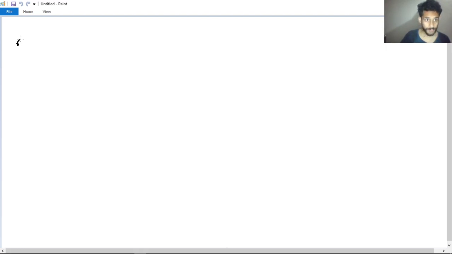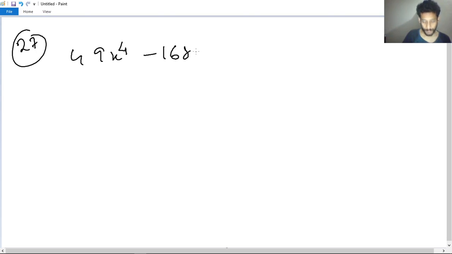Question number 27. 49x4 minus 168x square y square plus 144y4. So 49 is what square? 7 square. x4 is what square? x square square is x4.